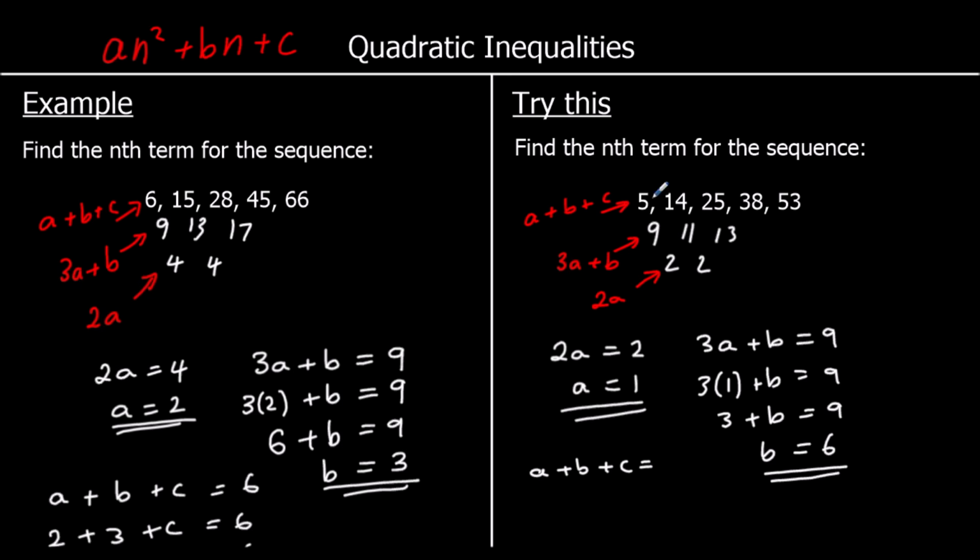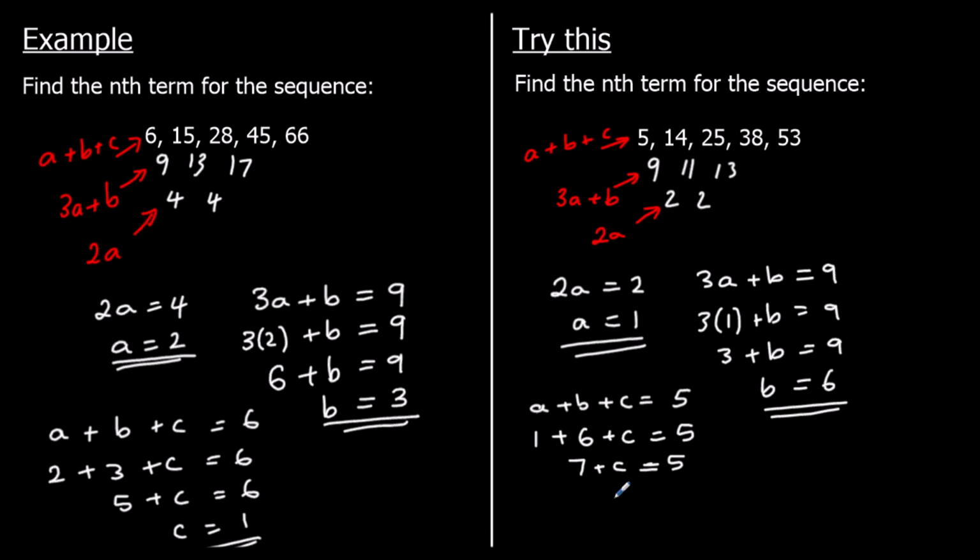And a plus b plus c is equal to 5. The first term is a plus b plus c. a is 1. b is 6. So we've got 7 plus c equals 5. Take 7 away from both sides. So c is -2.